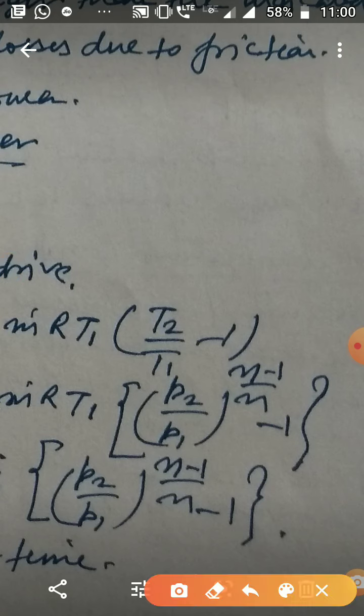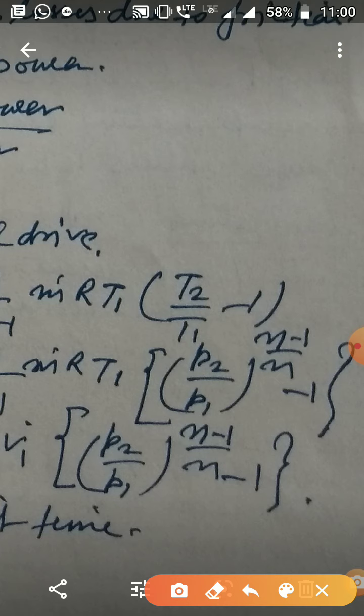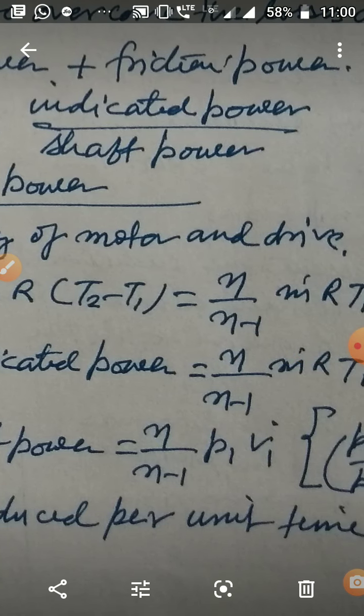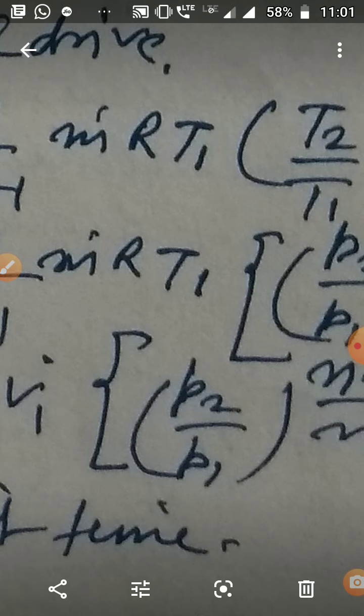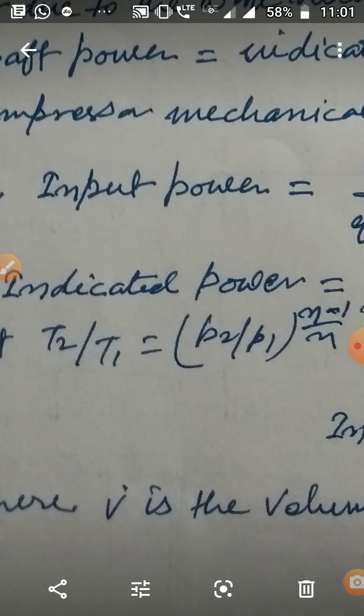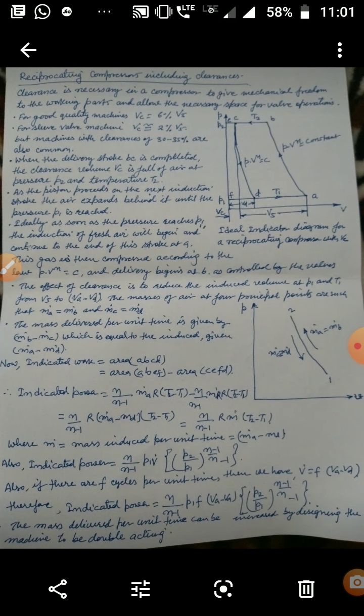Here we have taken T1 out, so in the bracket T2 by T1 minus 1, which is equal to n by n minus 1 m dot R T1 [(P2 by P1) to the power (n minus 1) upon n minus 1], replacing T2 by T1. Then indicated power is also written as n by n minus 1 P1 V1 dot [(P2 by P1) to the power (n minus 1) upon n minus 1], where V dot is the volume induced per unit time.